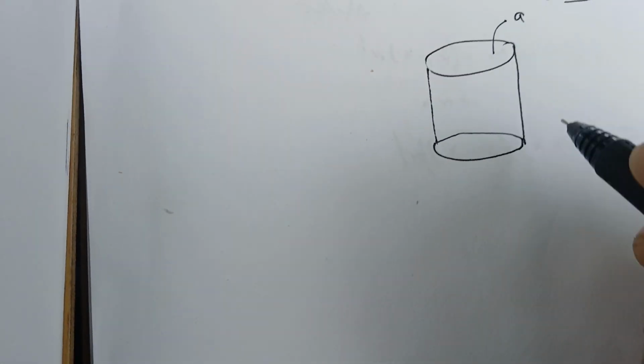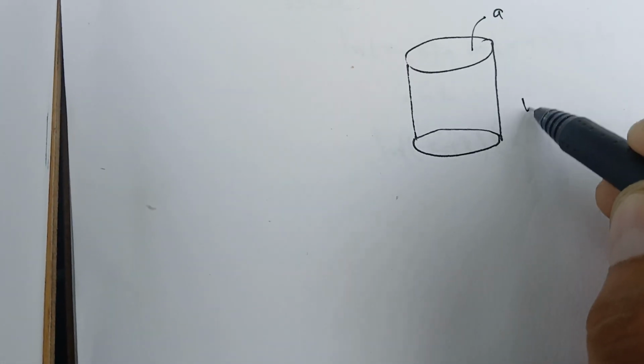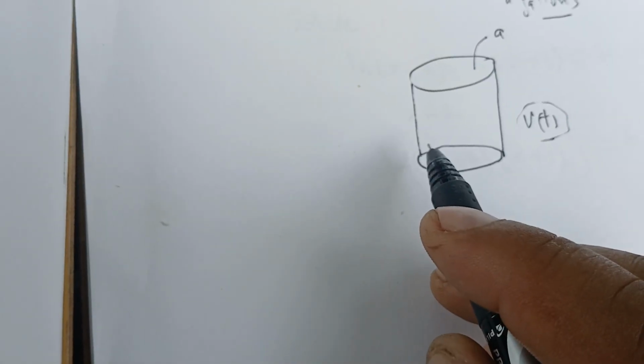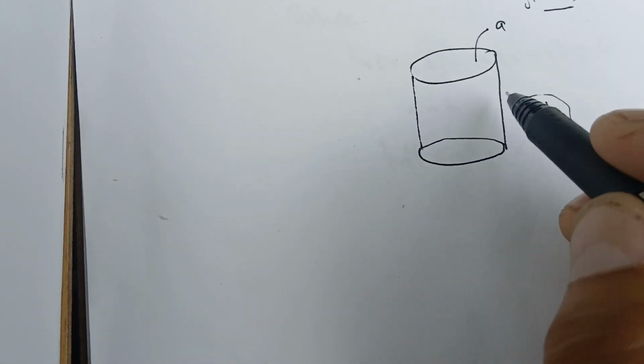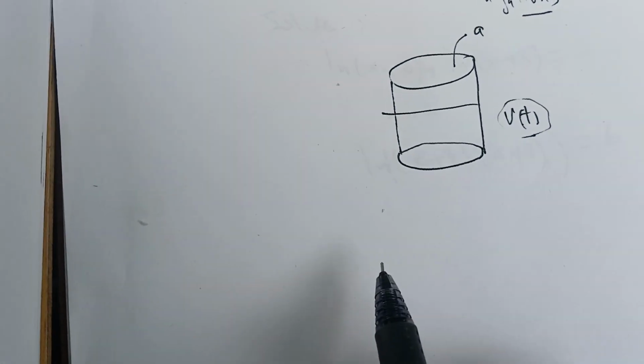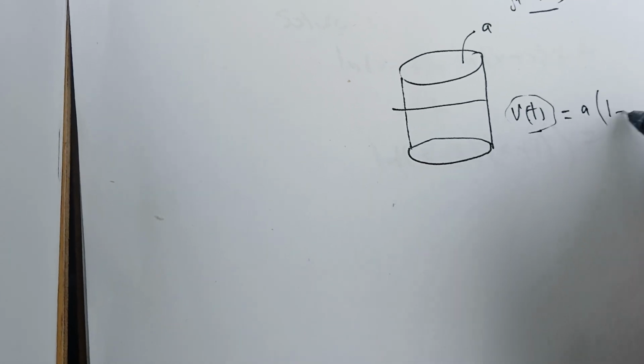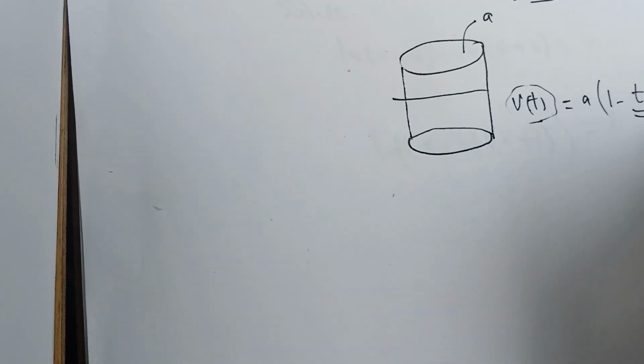If we assume that V(t) is the amount of water in the cylinder at time t, let's use this one: A times (1 minus t over big T).